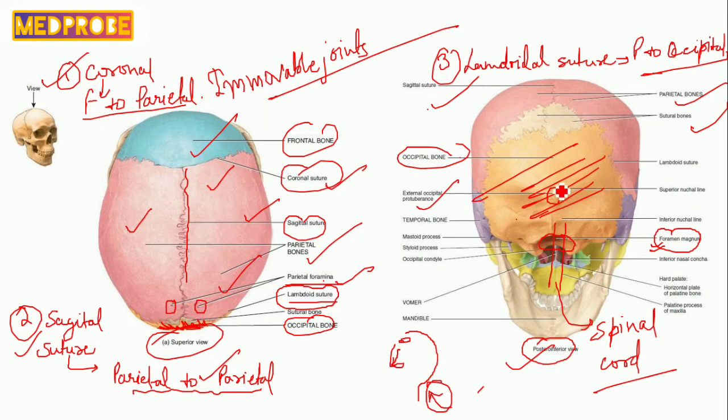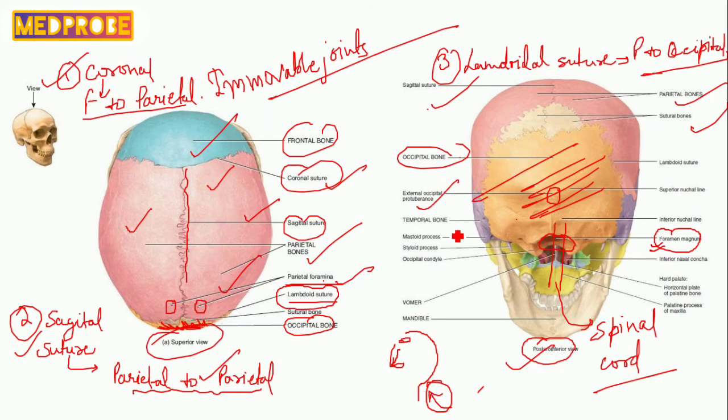This protuberance is a characteristic feature of the occipital bone. You won't find it in any other bone present in the cranial region.